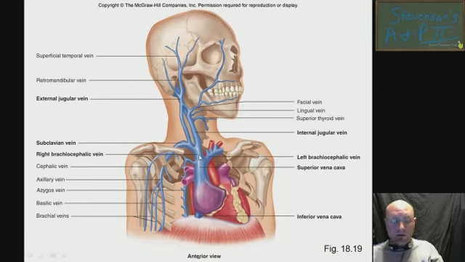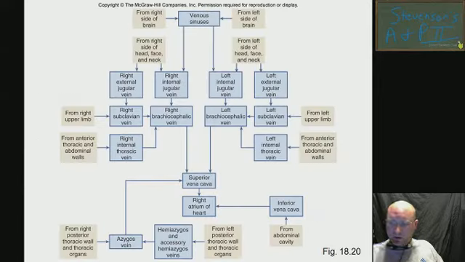Brachiocephalic is where the veins branch off from the superior vena cava, and we see a couple of important veins on the left there, not quite as much as the others we've discussed so far. Remember to follow along on these charts. They are going to be very helpful in understanding the way the blood flows from one vein to the next and how they all branch from one major vein, just like the arteries did.